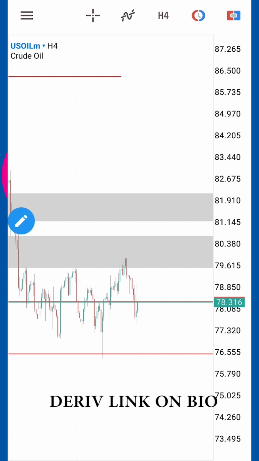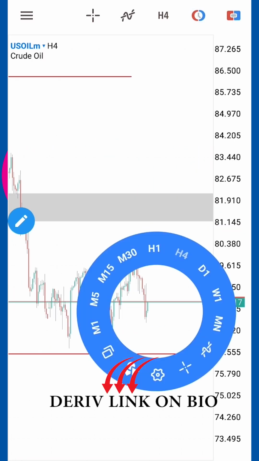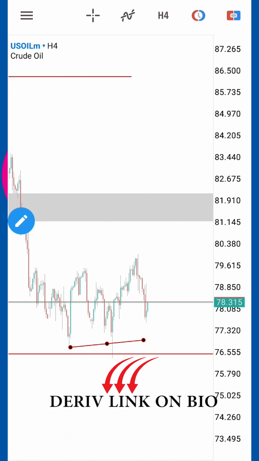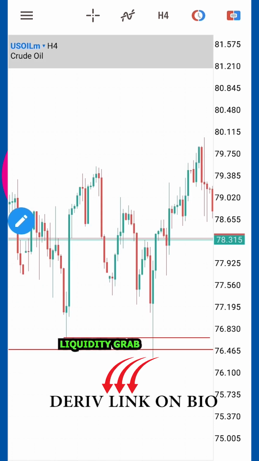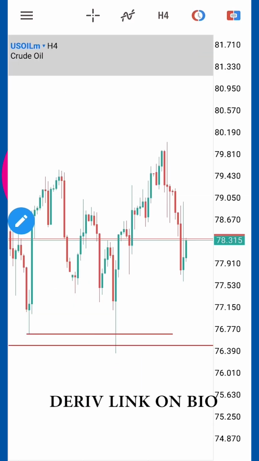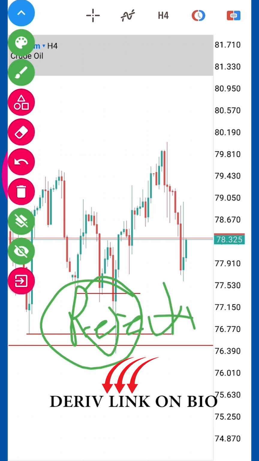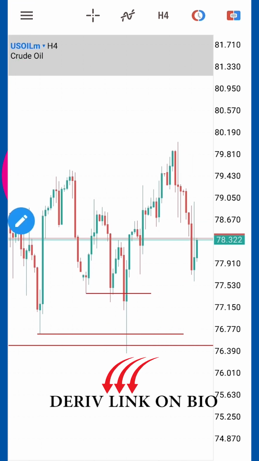Now when we zoom into the 4-hour chart, what I want us to pay close attention to is how price grabbed liquidity below that low, and before it grabbed liquidity it made a raid, also another liquidity grab. So price was basically rejecting there. There's been a lot of rejection there, and it went up to wipe above that high.